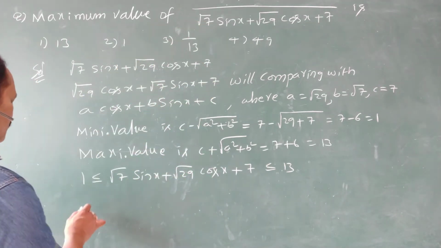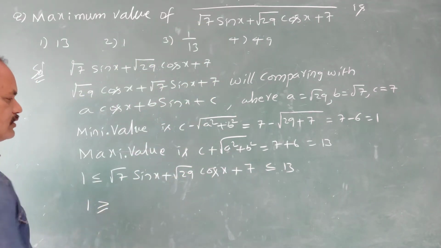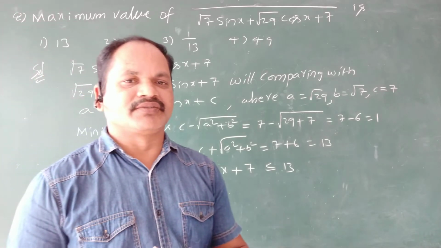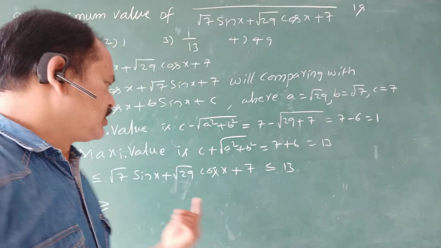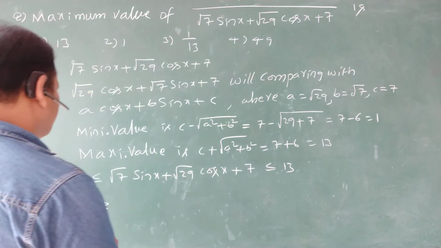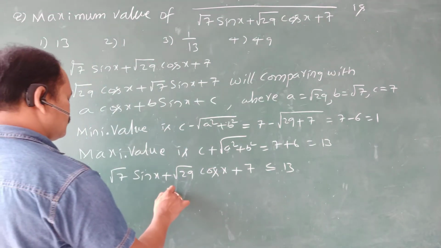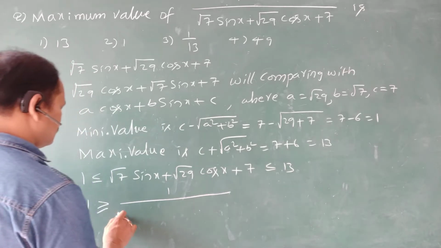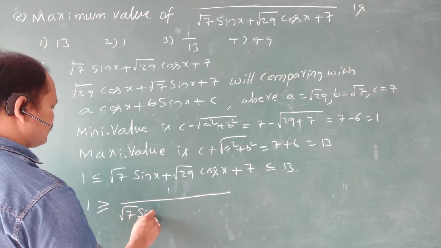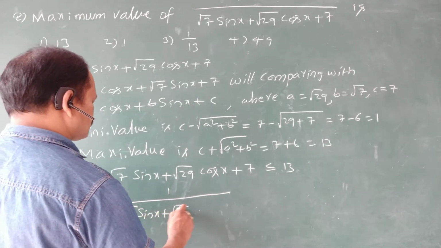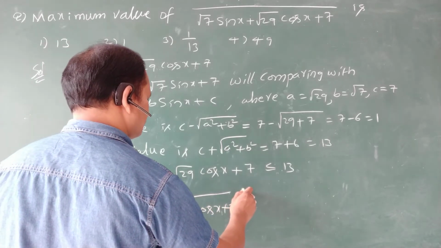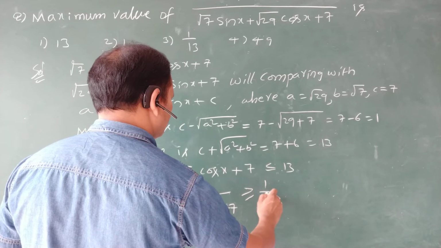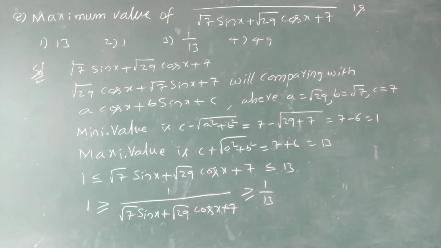If we take the reciprocal, the inequality must definitely be reversed. That's why 1 is greater than or equal to 1 by root 7 sin x plus root 29 cos x plus 7, which is greater than or equal to 1 by 13.